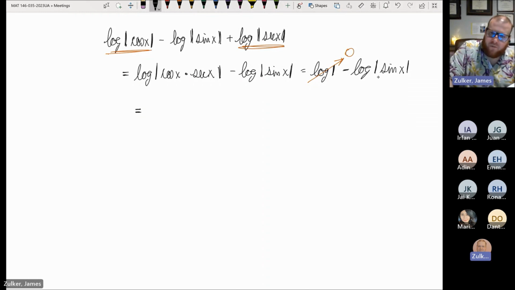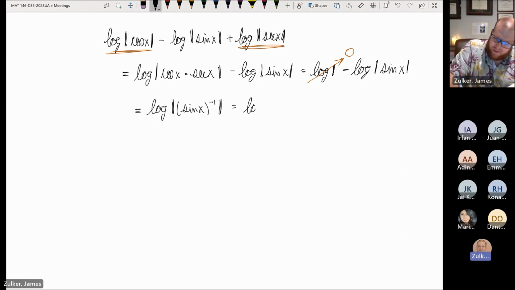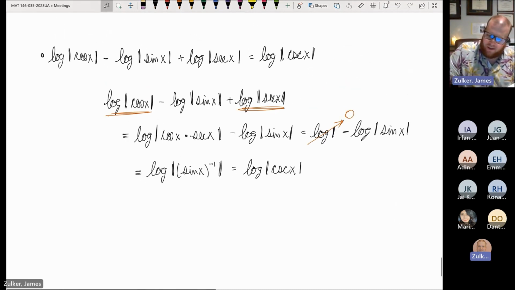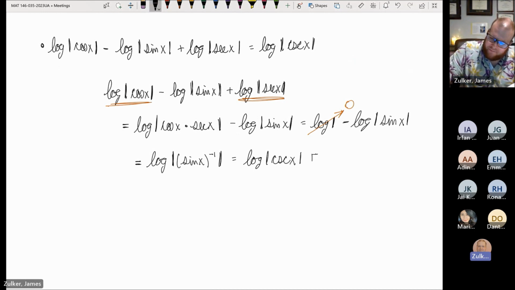So this is like plus negative 1 times log, right? And so we get log of cosecant, which is what we wanted.